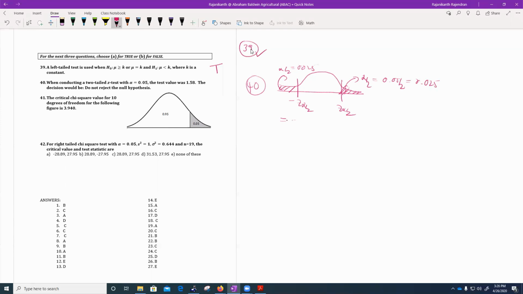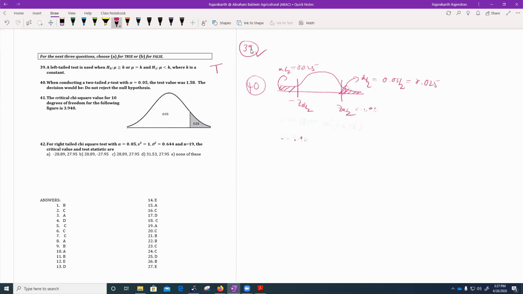So the critical value for the left point is negative, and that is inverse norm of 0.025. So what is that? If you look correctly, you should get negative 1.96, and this is positive 1.96.